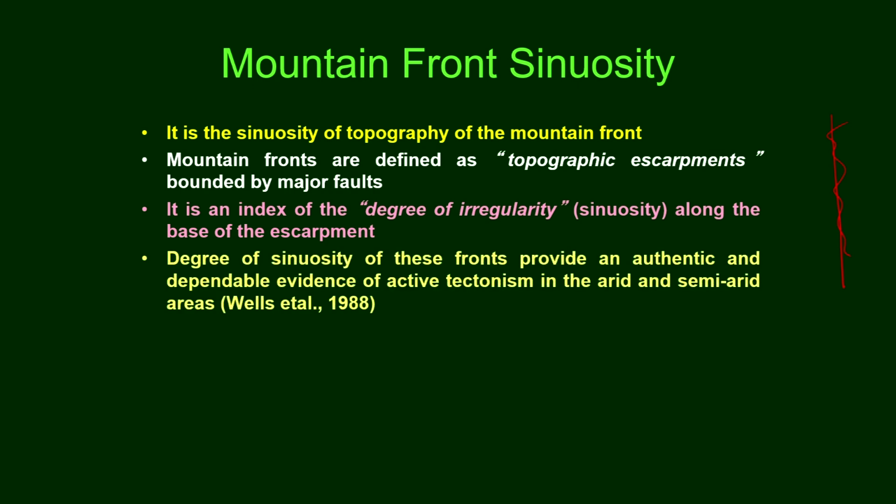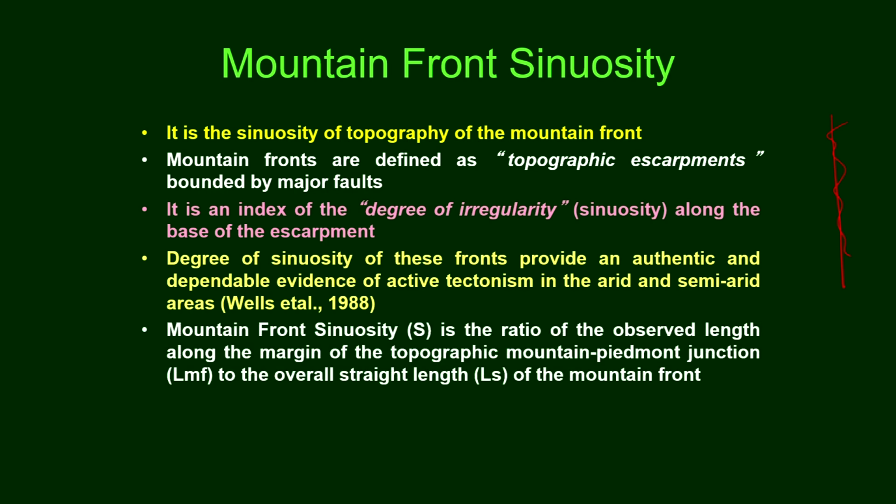The degree of sinuosity of these fronts provides authentic and dependable evidence of active tectonism in arid and semi-arid areas. If it is in a humid region or where the system is very dynamic, that is a fluvial system, then you may see more erosion, more dissection there.